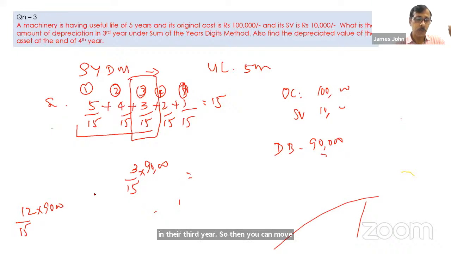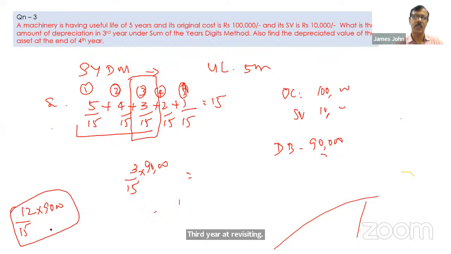First, calculate 5 by 15 into 90,000, then 4 by 15 into 90,000, then 3 by 15 into 90,000. Or you can do it in one single calculation, 12 by 15 into 90,000. Here it is 3 by 15 of 90,000. Calculate. That will be the third year depreciation. What's the answer?